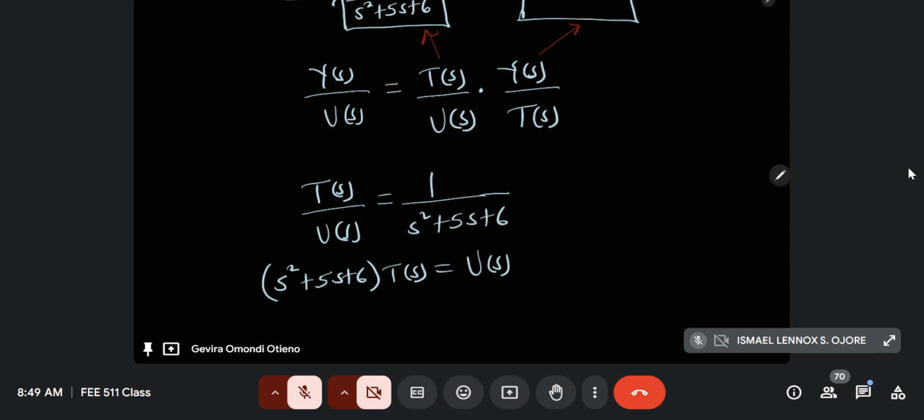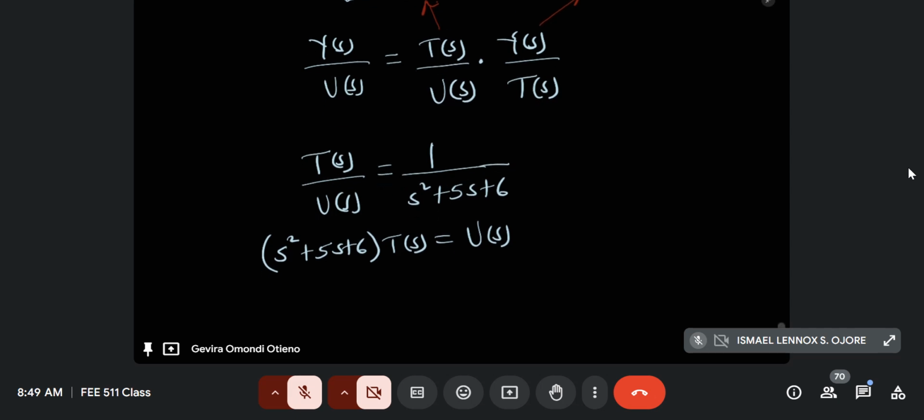The second step after cross multiplying was to obtain the inverse Laplace transforms, of course, assuming 0 initial conditions. You have those steps in your books already. So I'm just going to convert this back to time domain from frequency domain.